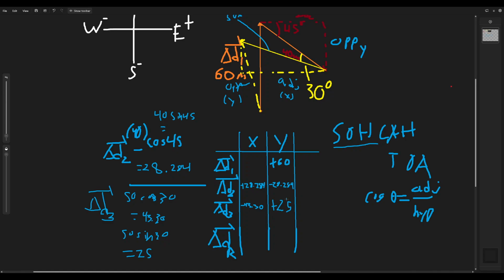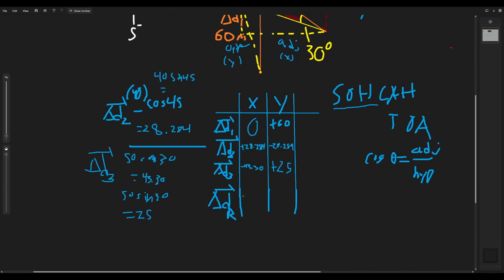And now to find our resultant, we just add all of these together. There's 0 here, so 0 plus 28.284 and then minus 43.30, so minus 15. Actually, I'll just put it under because I didn't give myself enough space.